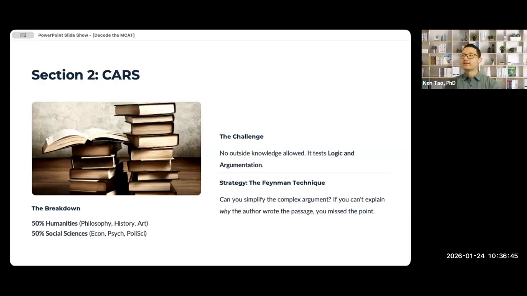Instead, AAMC passages are along the lines of, how did Picasso become a successful artist? Was it because he experimented a lot with his drawings as a child? Was it because he was always more talented than other artists? Or was it because he had to go through some kind of transformation? That's the way AAMC passages will be written.